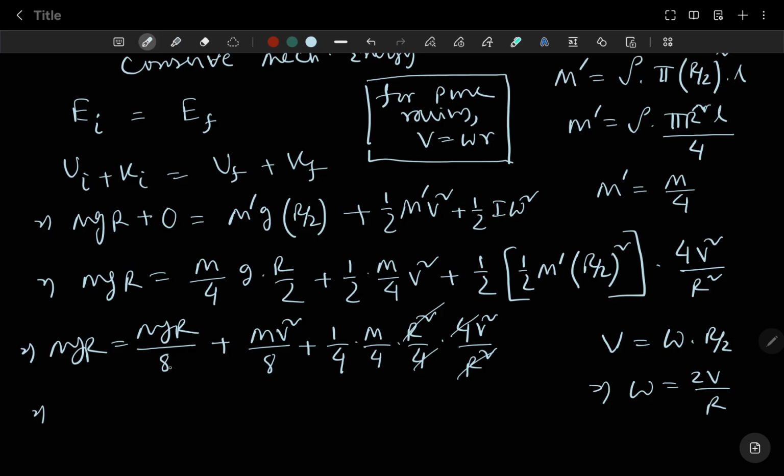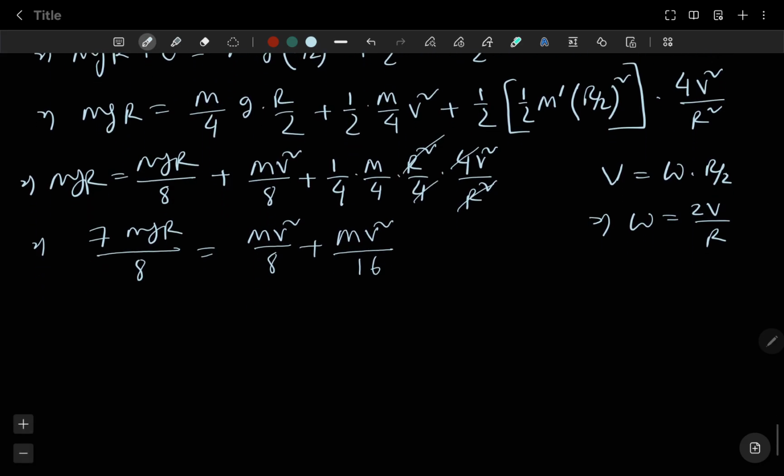So this will be, if mgr by 8 comes in this, say mgr minus mgr by 8 is 7 mgr by 8, and here it will be mv square by 8 plus mv square by 16. So let us cancel m on both sides.